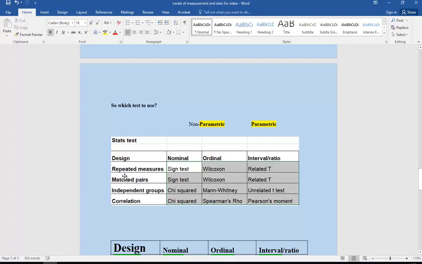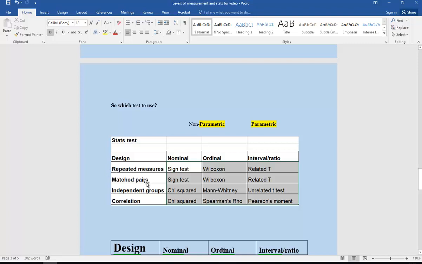Those are called related because my scores in condition A are related to my scores in condition B, because repeated measures is me doing both conditions. Matched is somebody else doing one condition, me the other, but we've been matched on relevant characteristics, and therefore that is also related.